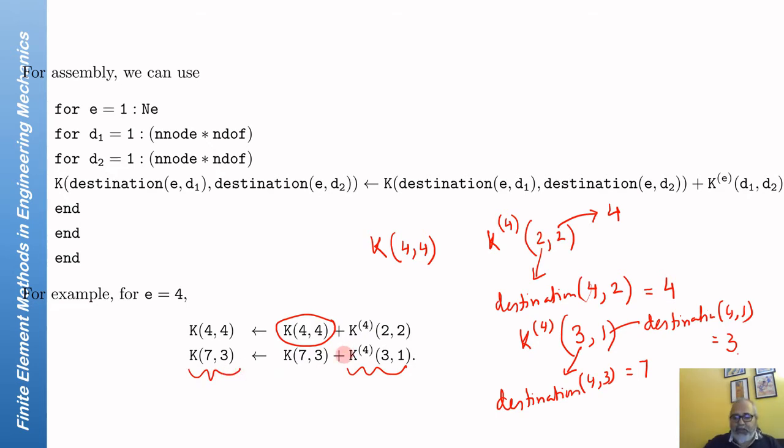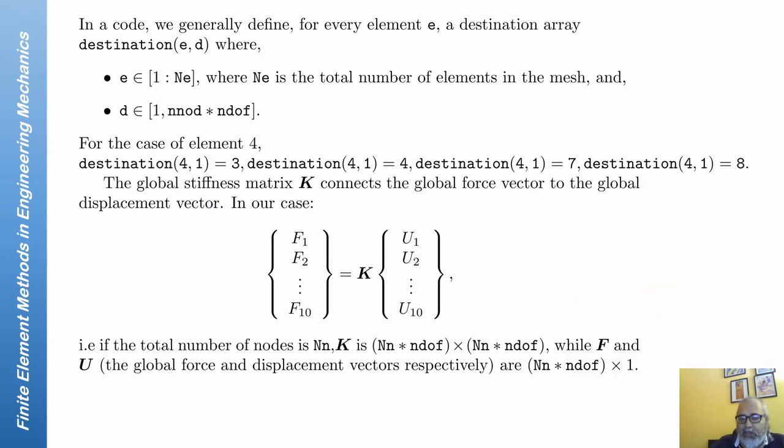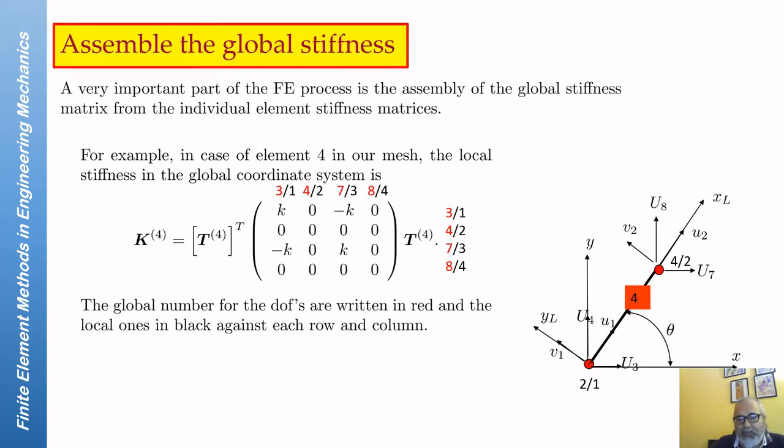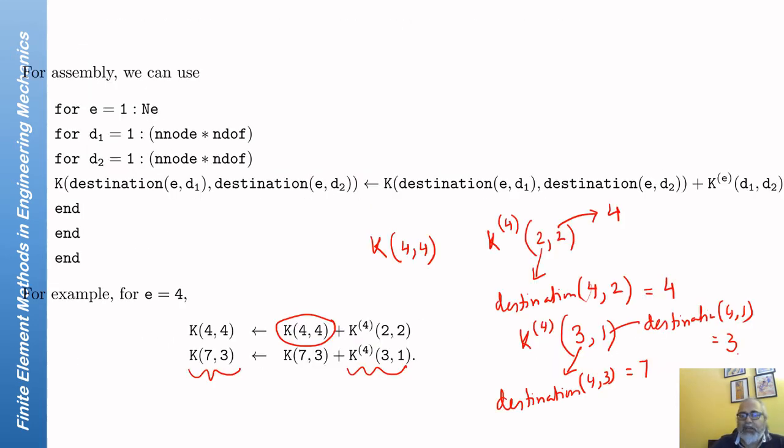Now, you might have noticed that the local stiffness matrix is symmetric. There's a physical reason for why it's symmetric, but at the moment, you might have seen that it is symmetric, and the global will also be symmetric. So this 7, 3 will be the same as 3, 7.